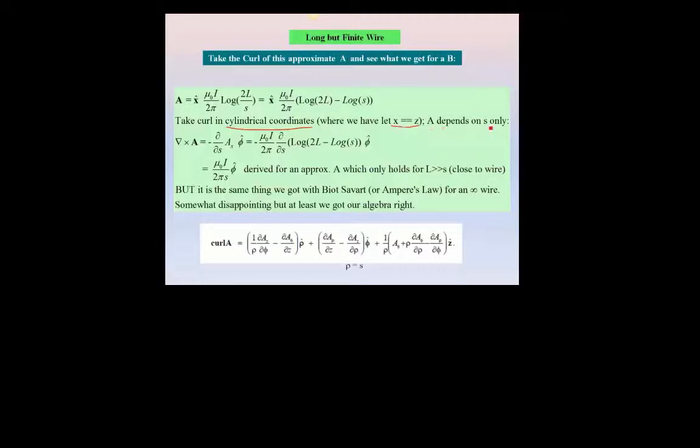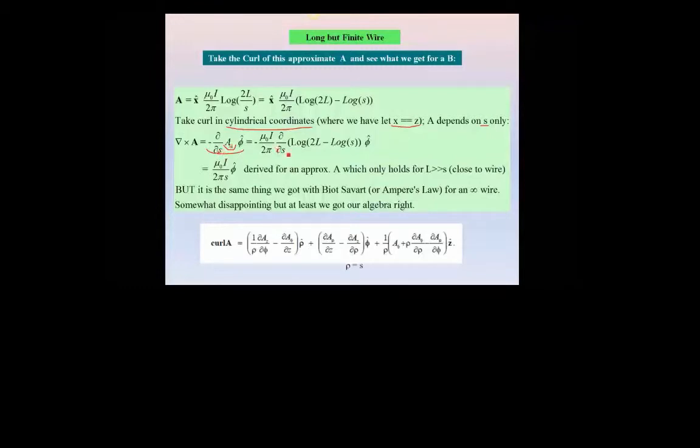A depends on s only. So taking the curl of A, the only term that survives is the phi component, and it has a minus sign here. The reason that's the only one is because this is the only component of A which depends on s. In terms of the other components, we don't have any s dependence.